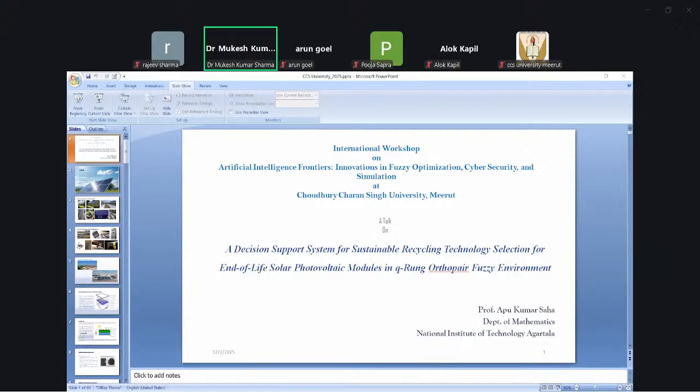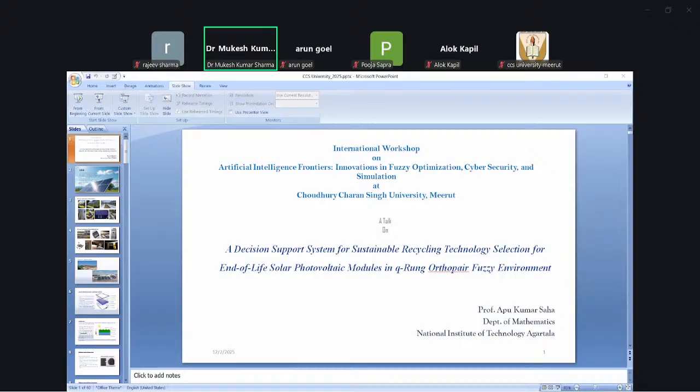Every day new studies are coming, so there may be more criteria and more alternatives, and you can incorporate them and find the results. So this is the graphical method. This is alternative performance with respect to the negative ideal solution, and this is alternative performance with respect to the positive ideal solution.